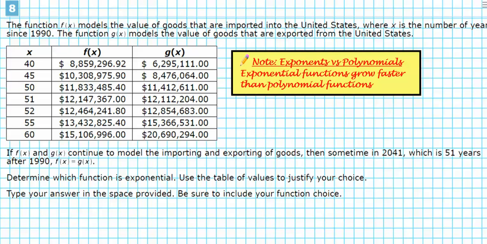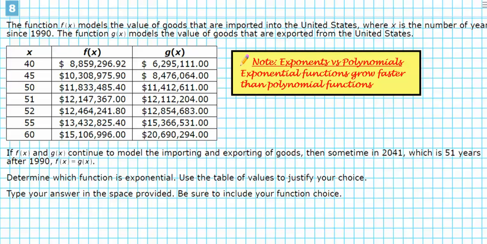Question: if f of x and g of x continue to model the importing and exporting of goods, then sometime in 2041, which is 51 years after 1990, f of x is equal to g of x. Determine which function is exponential. Use a table of values to justify your choice, and then type your answer in the space that's provided. Be sure to include your function of choice.